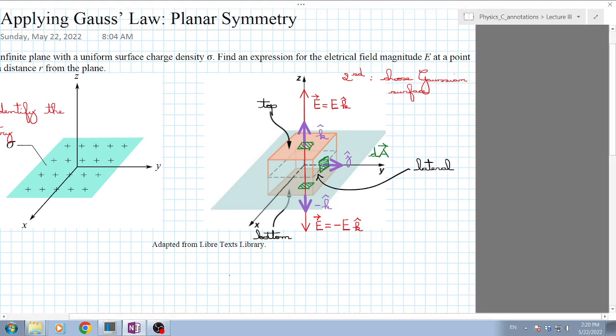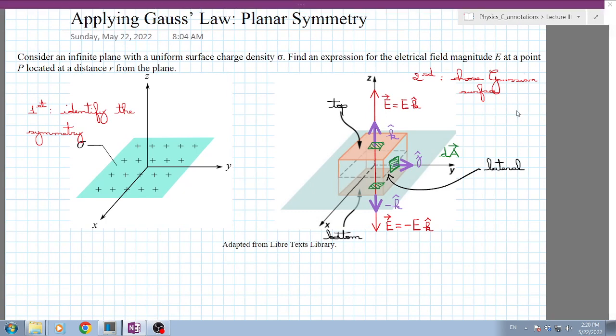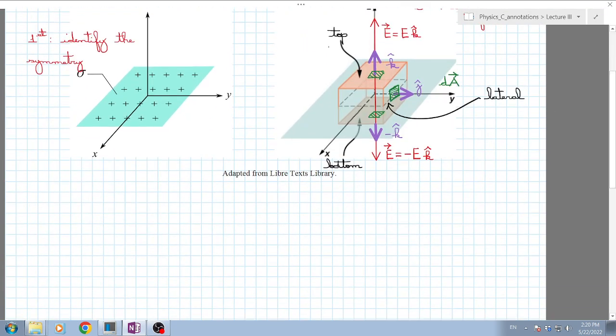So the third step here is to calculate the electric flux for this particular problem using this symmetry.